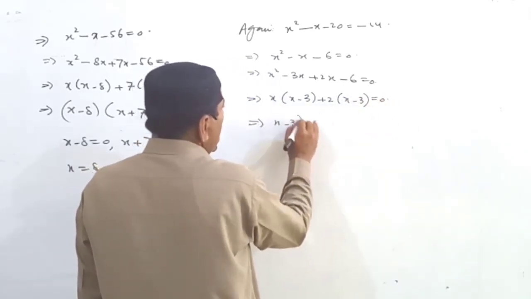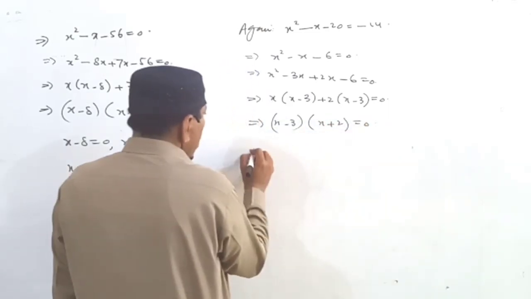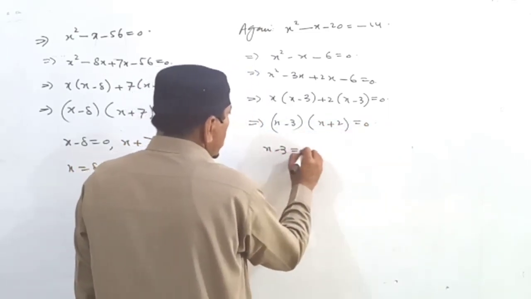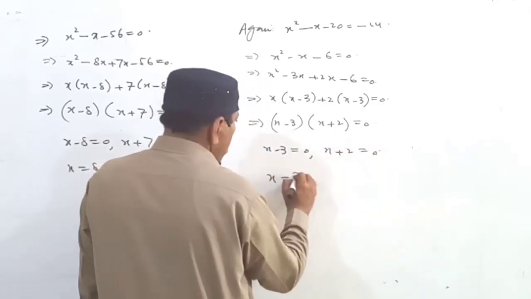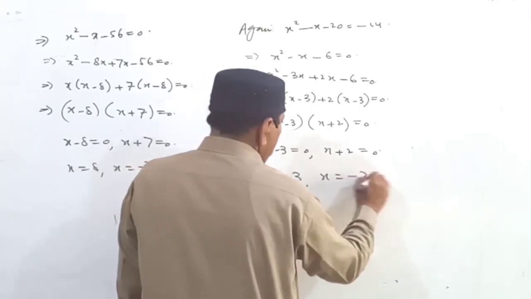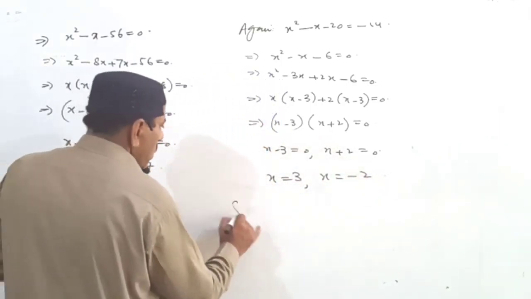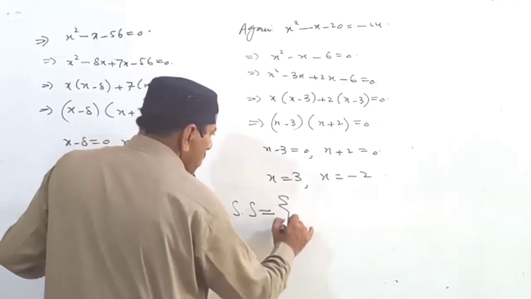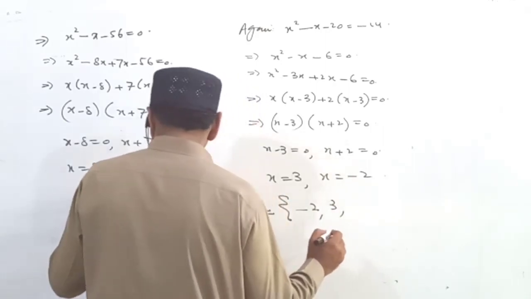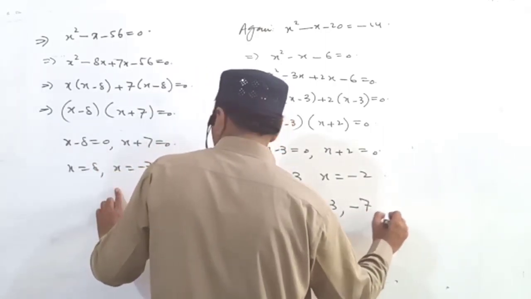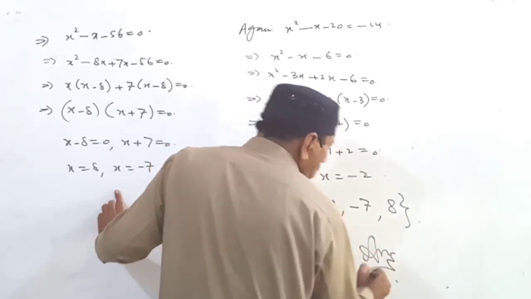Now x minus 3 is common, x plus 2 is equal to 0. So x minus 3 is equal to 0 and x plus 2 is equal to 0. x is equal to 3 and x is equal to minus 2. Now our solution is minus 2, 3, minus 7 and 8. This is the answer.